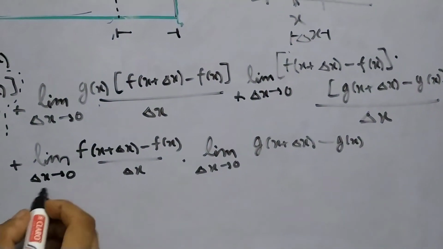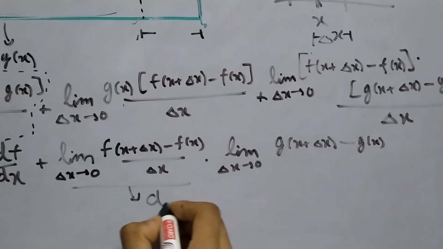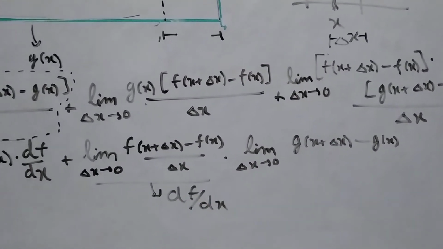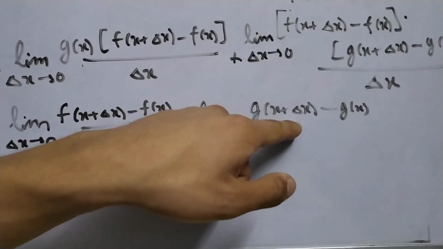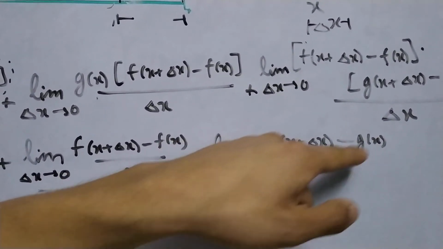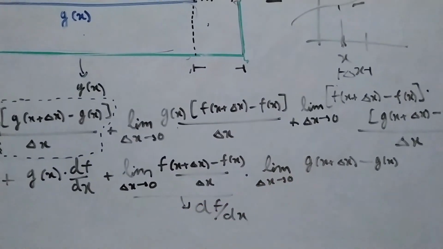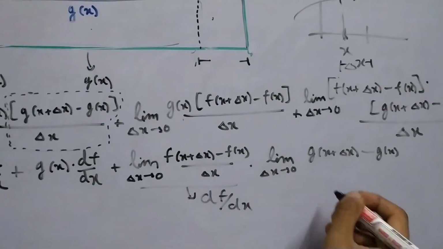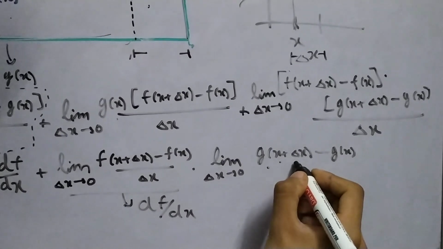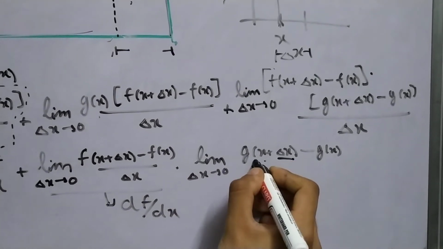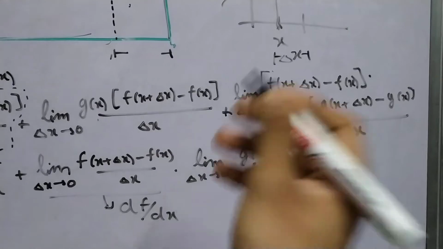The first term is again your derivative of f with respect to x, and the limit of g of x plus delta x minus g of x will be 0, because when you put delta x as 0, you will get g of x minus g of x, which will be 0.